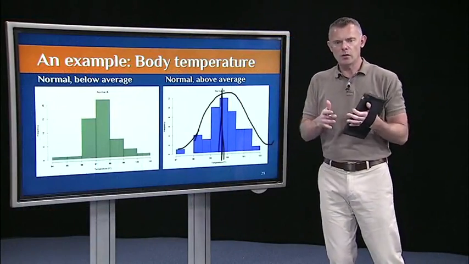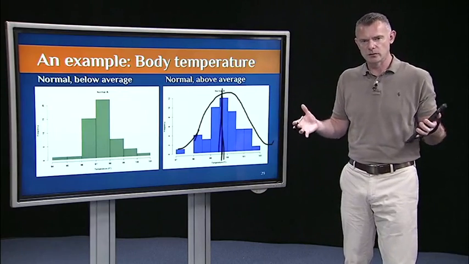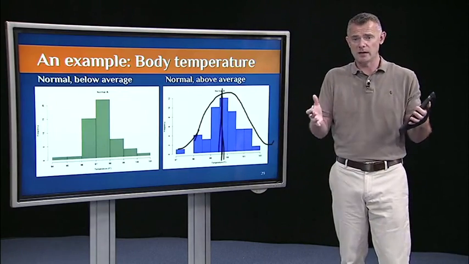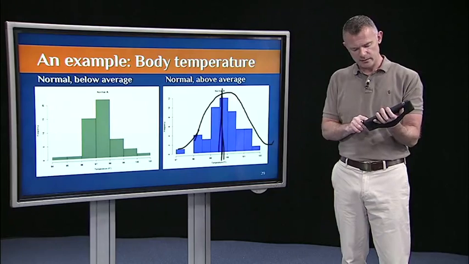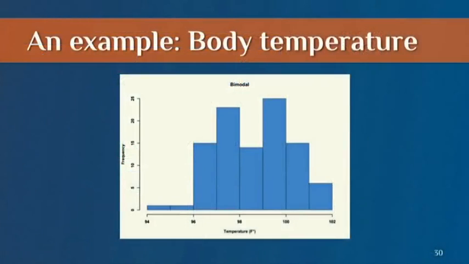Imagine that I didn't know that these were two separate classrooms of children. Imagine I just looked at their body temperatures and plotted the histogram, all of them together. So let's put them together. If we put those two distributions together, the group of children who are on the antibiotics and their body temperature is a little bit below average, with the group of children who are still sick and haven't received the antibiotics, their body temperature is still above normal. What you'll see is a distribution that looks like this.